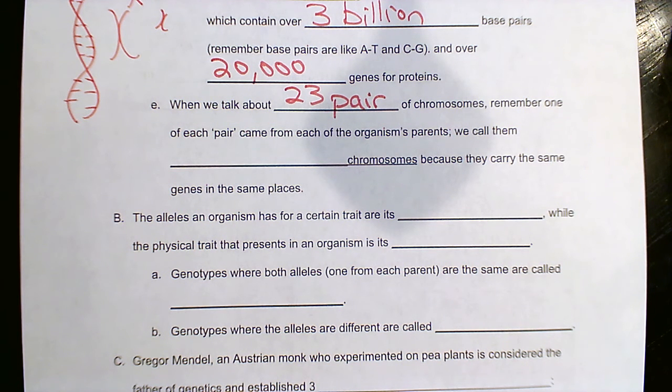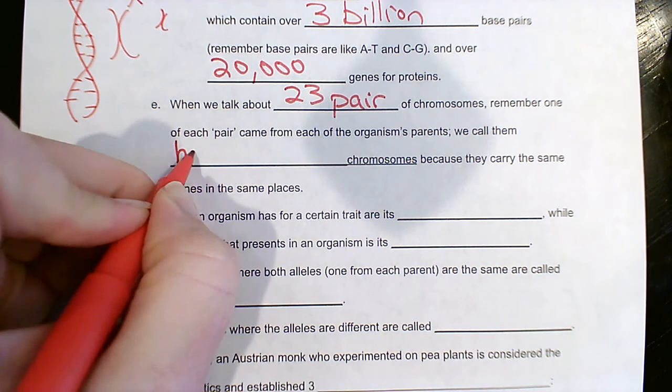So 1 through 22, my mom and dad's chromosomes that they gave me are basically identical. My dad gave me a chromosome number 1, and my mom gave me a chromosome number 1. And they have the same genes in the same places. They're basically the same size.